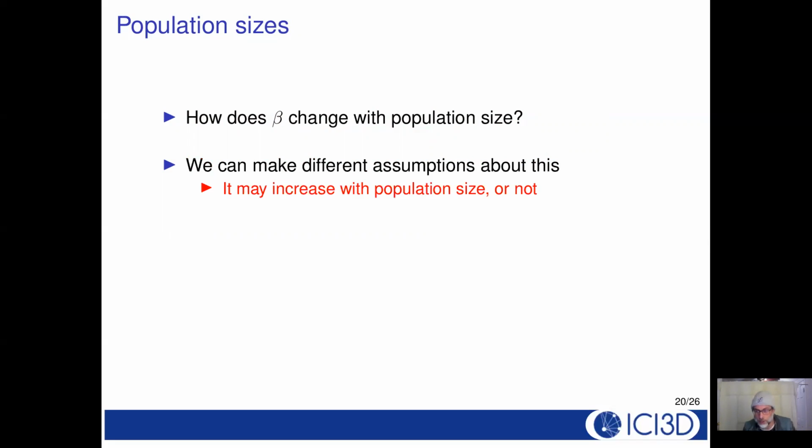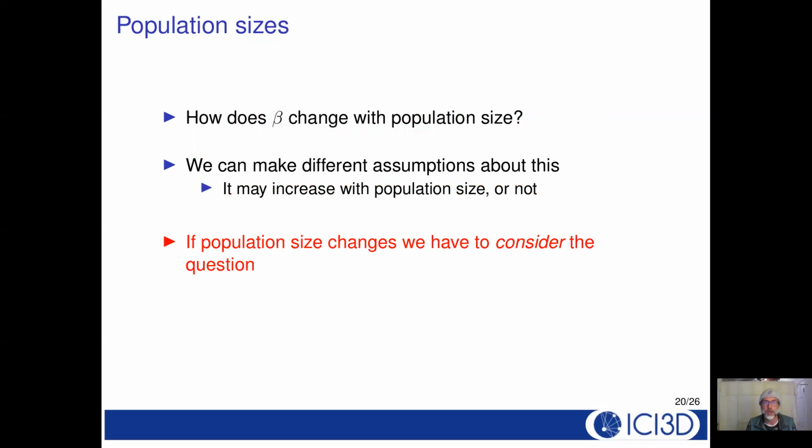So we might assume, as Steve says, that as a city gets bigger or more crowded, that contact rates change, or we might assume that they don't. In the simple models that Steve introduced, he generally assumed that population sizes weren't changing. So in that case, it doesn't really matter for his model conclusions how beta would change with population size, because he has a closed population and he hasn't allowed population size to change.